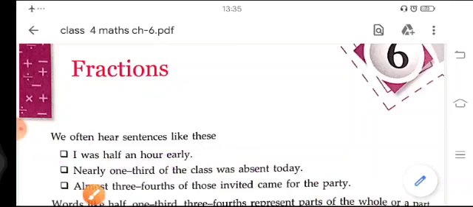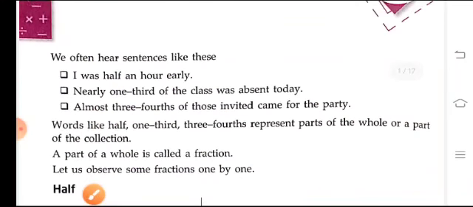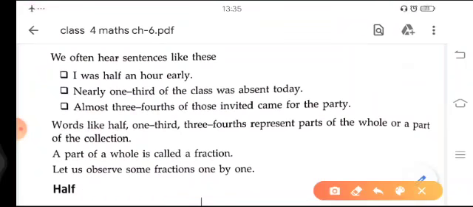Words like half, one third, three fourth, such kinds of words represent a part of the whole or a part of a collection. Either they are representing the whole of a collection or a part of the collection.